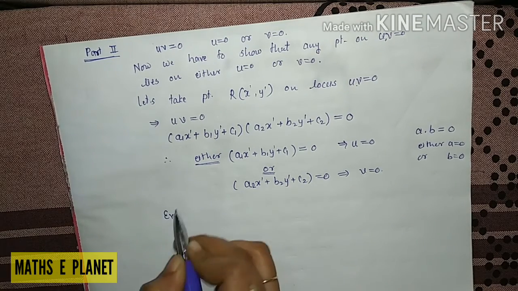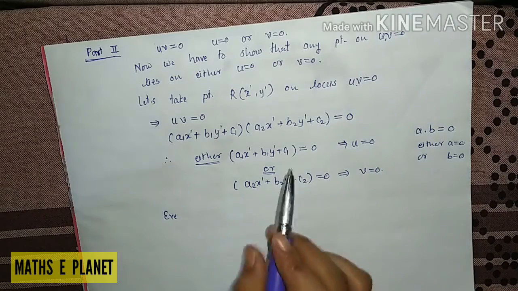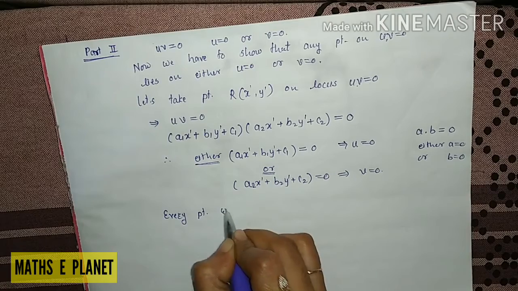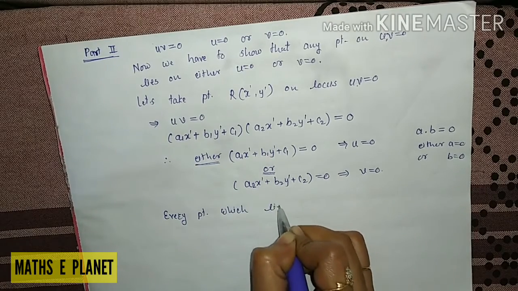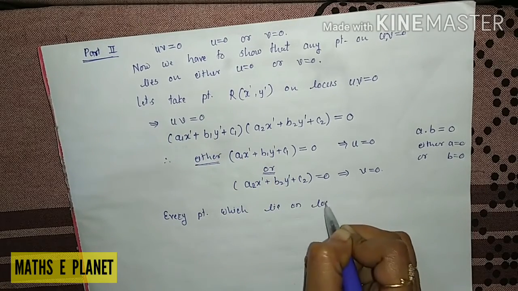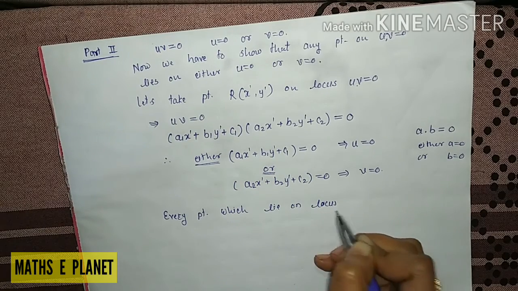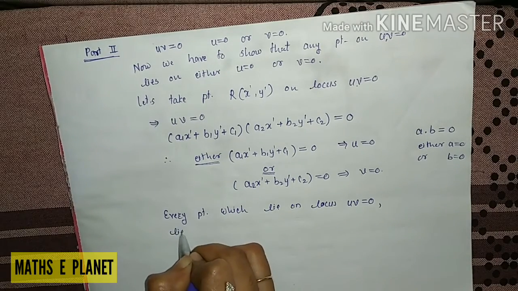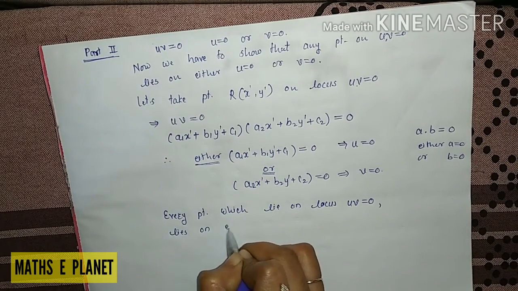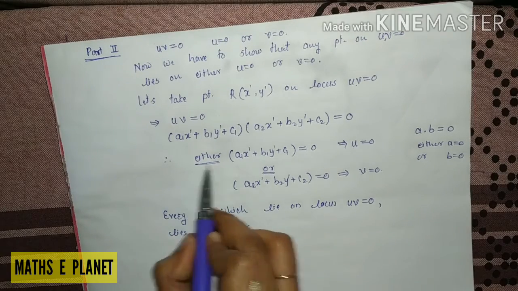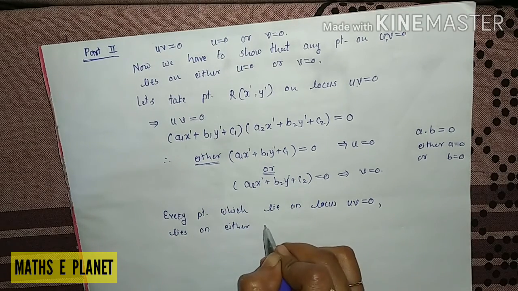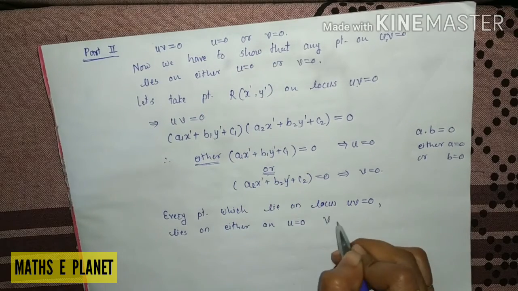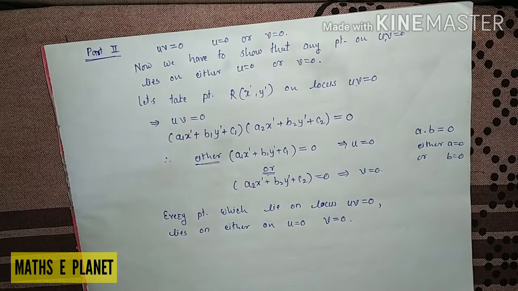Here we can say that every point, we are now generalizing this, every point which lies on locus u into v is equal to 0 lies on either, because of this, either on u is equal to 0 or v is equal to 0.